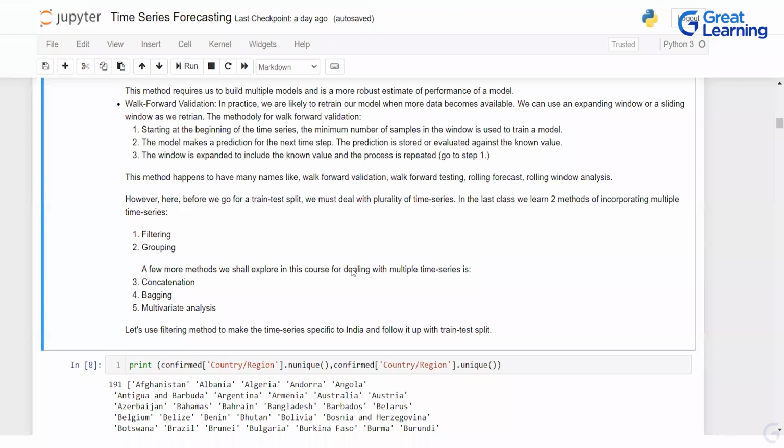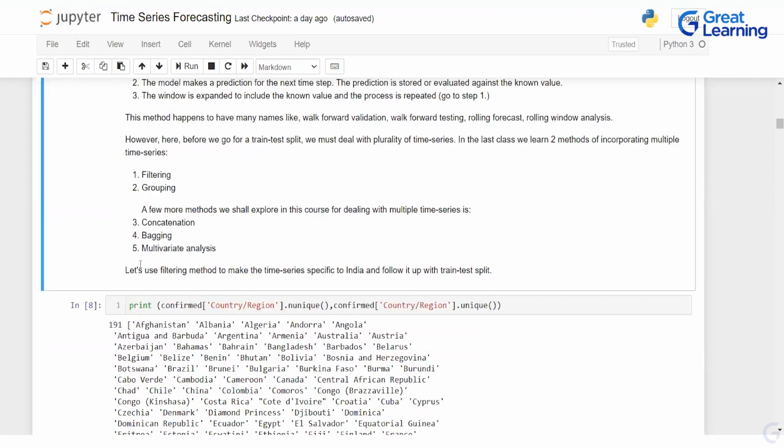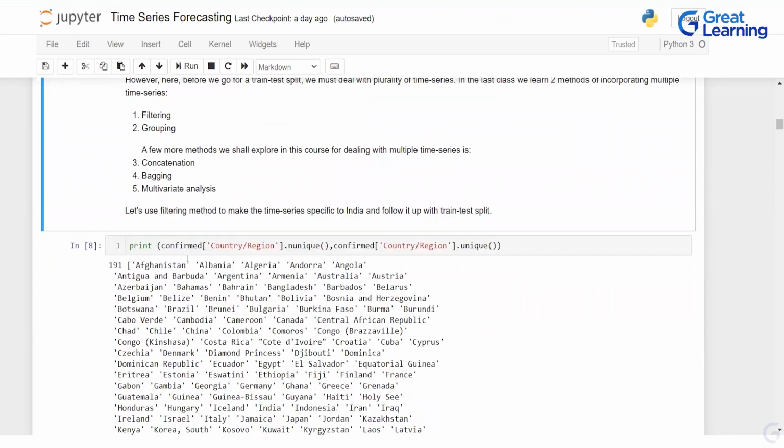However, here we are going to do a train and test split, and we must deal with plurality of the data. These are the certain methods that we will apply: filtering, grouping, concatenation, bagging, multivariate analysis. All this we are going to see. Here, all these are the different countries that we have. So many countries are there.